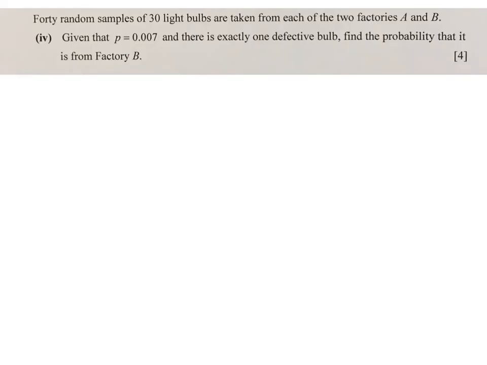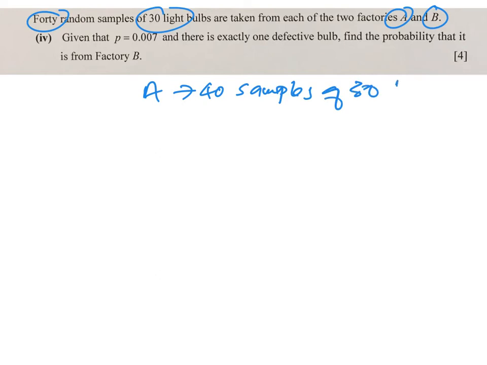Now for question part 4, we are given 40 random samples of 30 light bulbs. This means that each sample consists of 30 light bulbs, and we're taking 40 such random samples from each of the two factories A and B. In other words, for factory A, we have 40 samples of 30 light bulbs, and similarly for factory B, we have another 40 samples of 30 light bulbs.